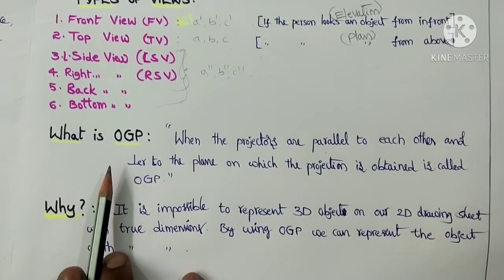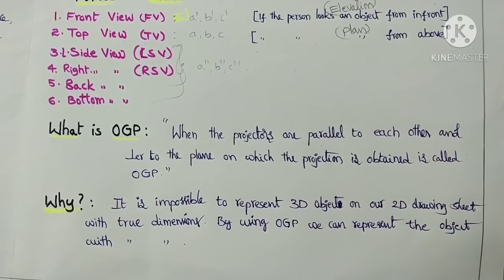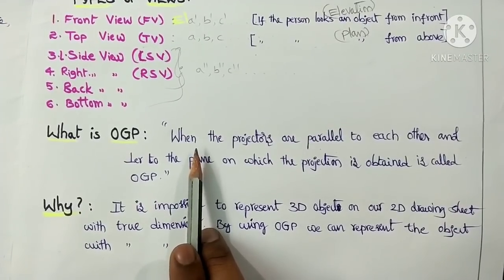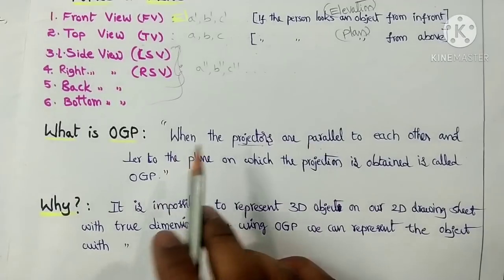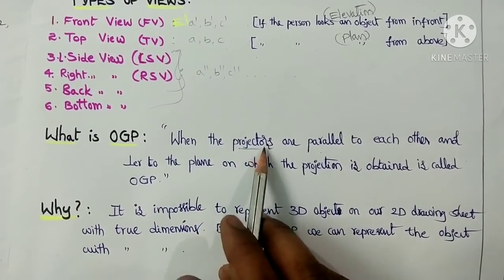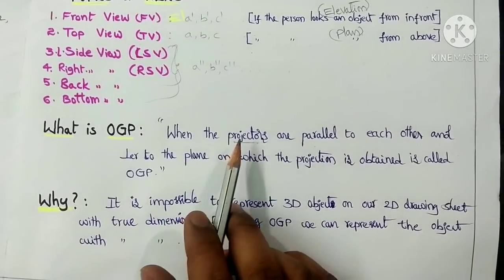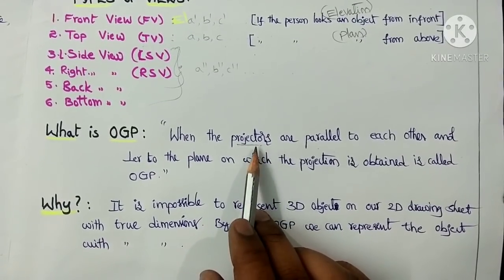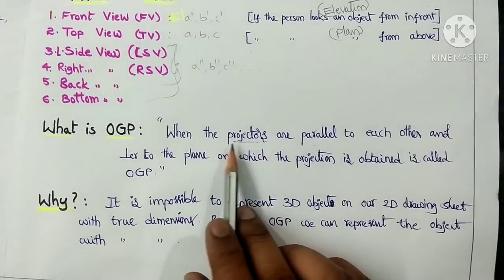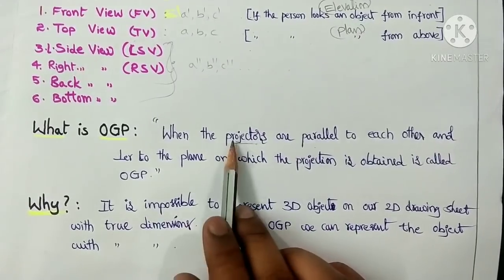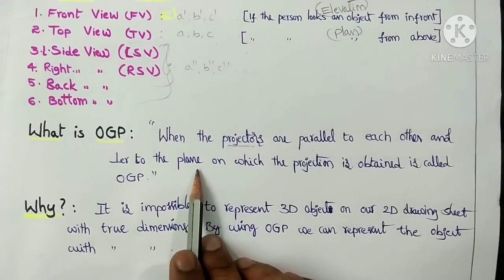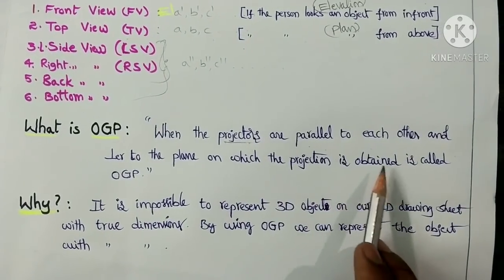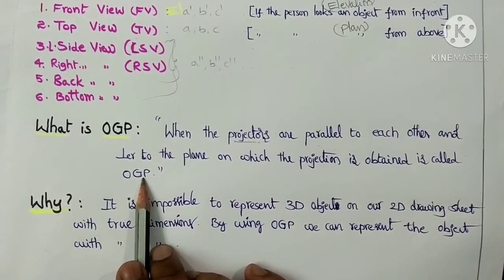And here we can see what is orthographic projection. Already we have seen the projectors, that means lines from the object to the principal plane, either vertical plane or horizontal plane. So when the projectors are parallel to each other and perpendicular to the plane on which the projection is obtained, it is called orthographic projection.